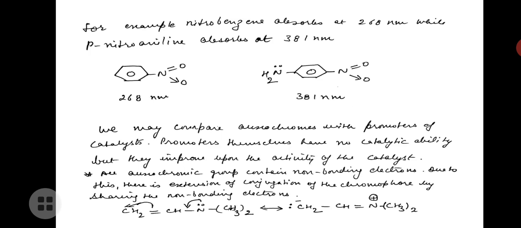Benzene shows an absorption maximum at 255 millimicron and Emax 203, whereas aniline absorbs at 280 millimicron, Emax 1430. So here also, the amino NH2 group is an oxochrome.